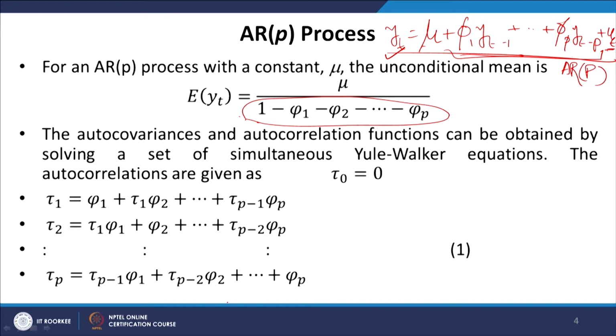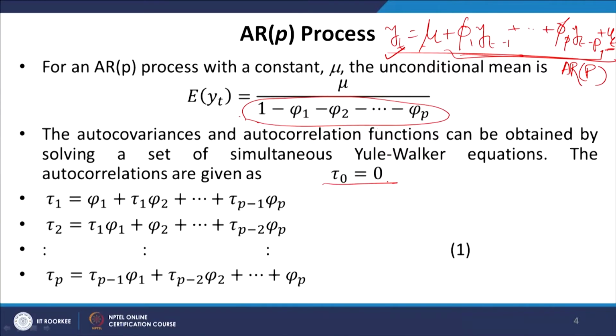The autocovariances and autocorrelation functions can be obtained by solving a set of simultaneous Yule-Walker equations. Yule-Walker equations were introduced in the context of moving average processes; they are a set of recursive equations. So, in the context of moving average, if you have the initial autocorrelation value, say denoted by tau naught, then we can consecutively calculate the rest of the correlations.